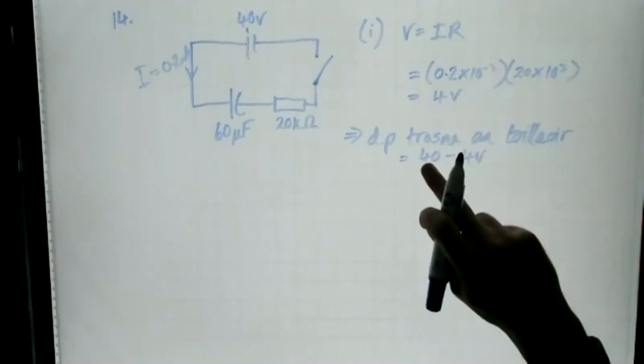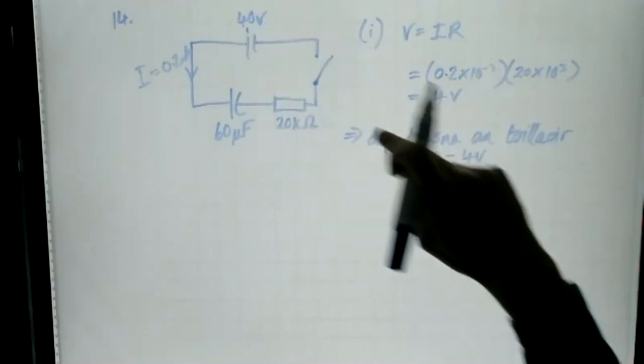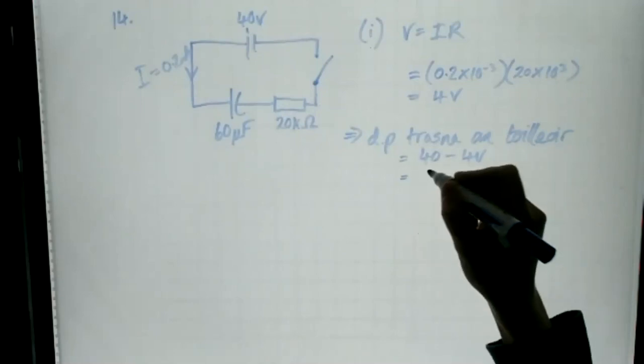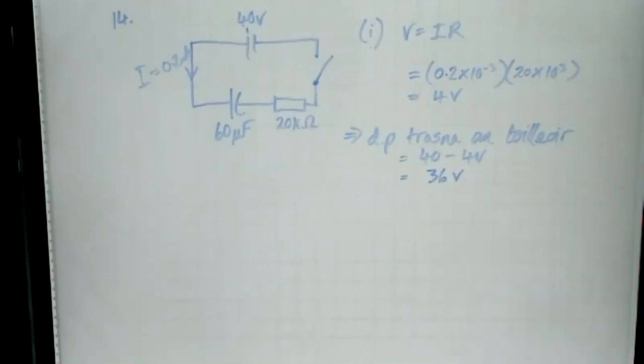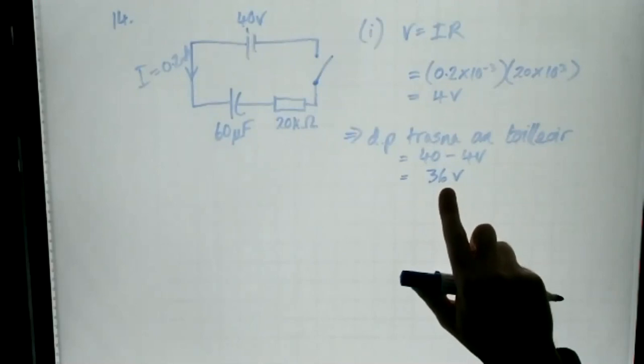So that is the potential difference from 40 to 36 volts. The potential difference across the capacitor at this instant is 36 volts.